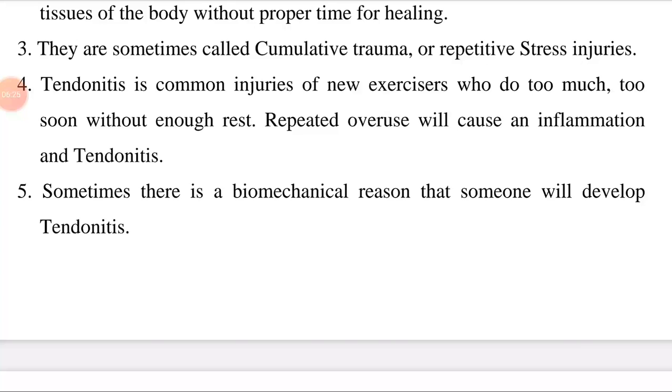Repeated overuse will cause inflammation and tendinitis. Again and again overworking can cause swelling in the area, and that is called tendinitis.